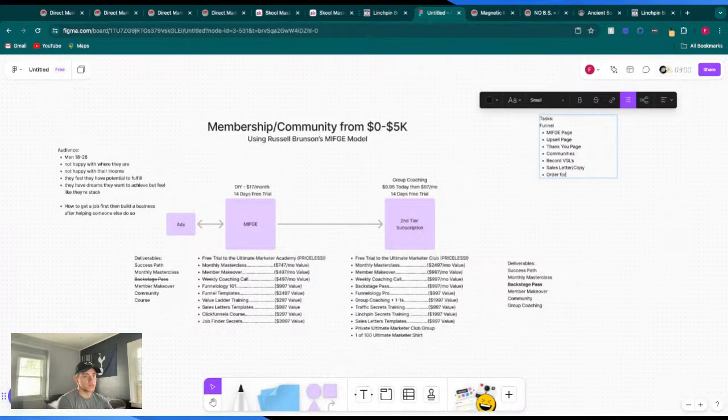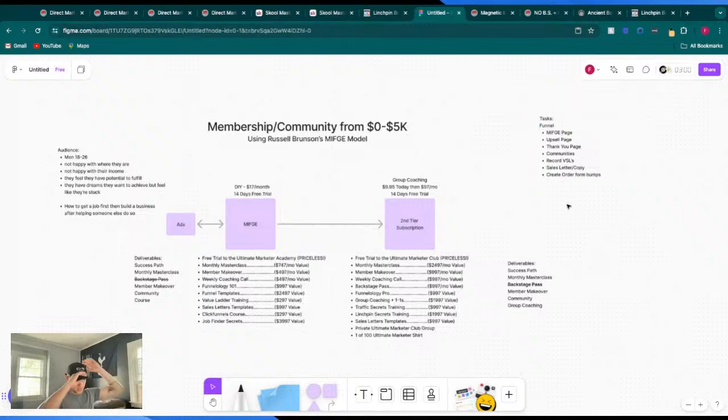Order form bumps. Yeah, that'd be pretty cool. Create order form bumps. Okay, so that's kind of the funnel tasks, right?